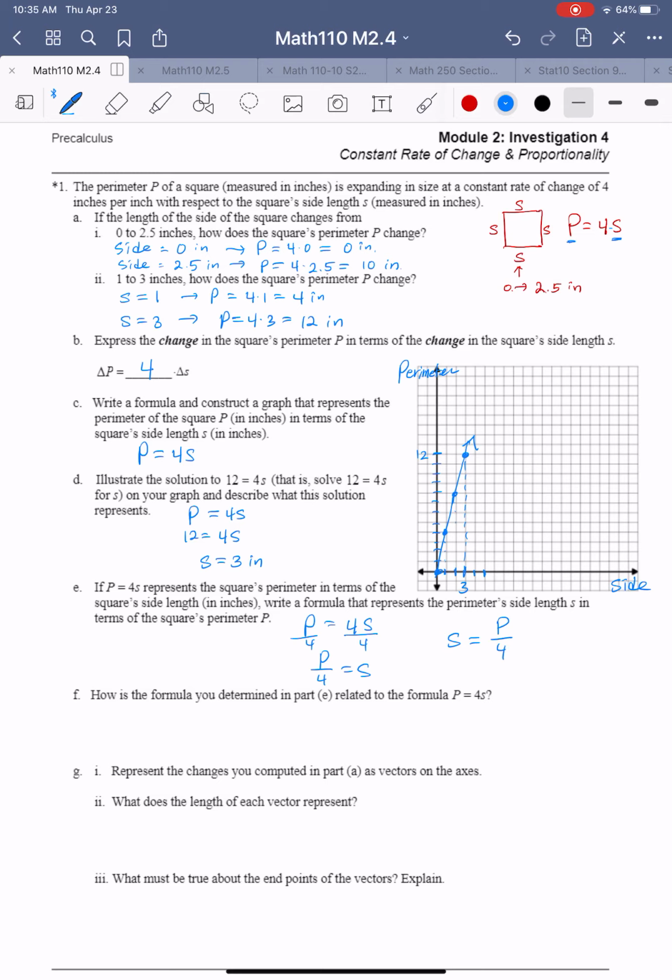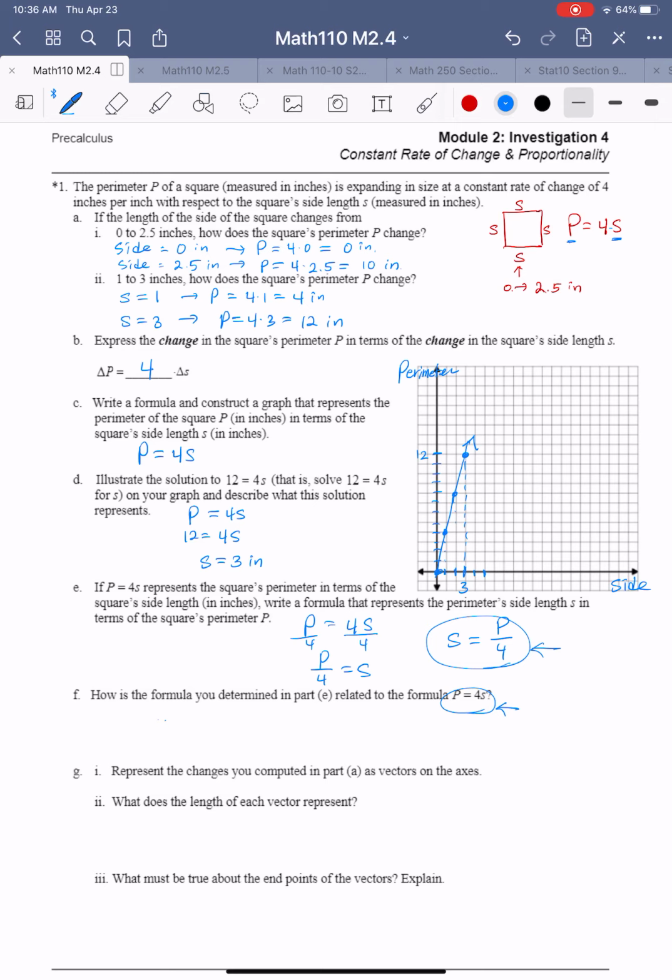Then F: how is the formula you determined in part E related to the formula P equals 4s? It is actually the same relationship, but in part F, P equals 4s is used to look for P using the side, and in E, we are looking for the side using the perimeter.